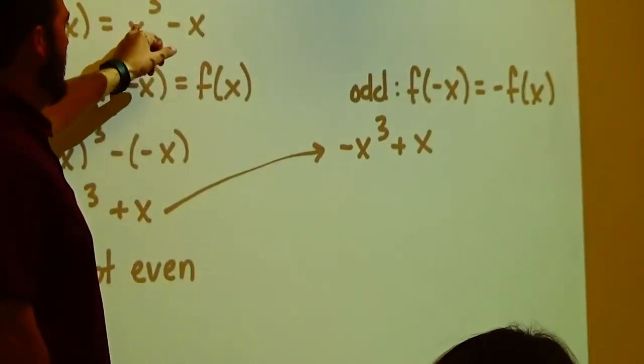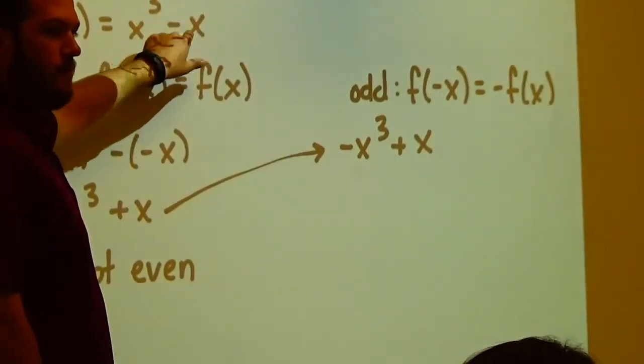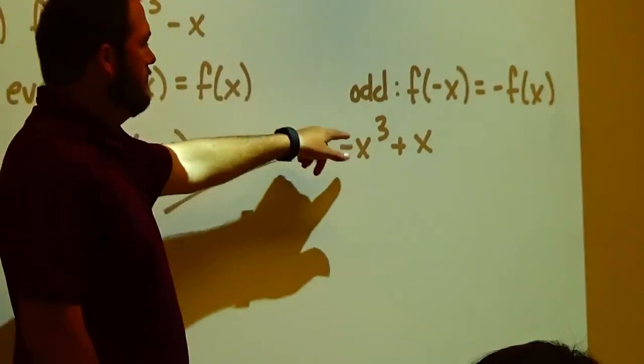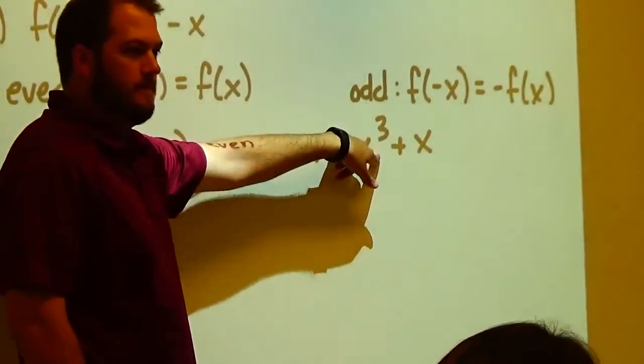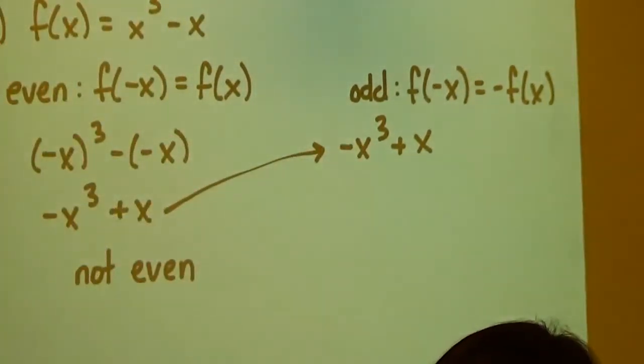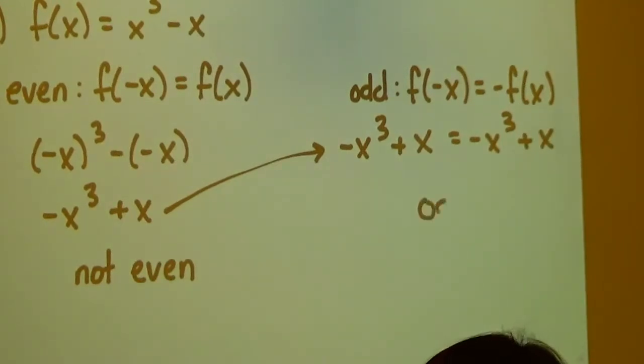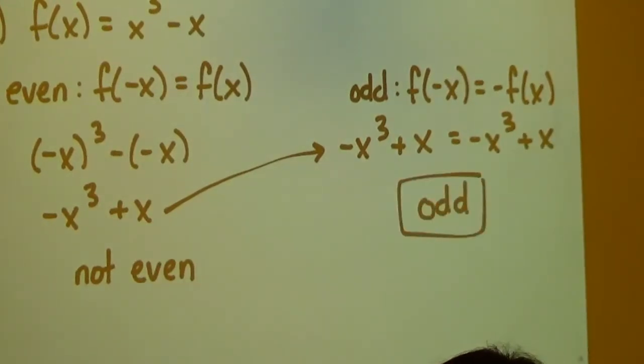So it'll be negative x cubed plus x. It's the same thing, isn't it? So this one is odd. Y'all get the gist? You want to see one more?